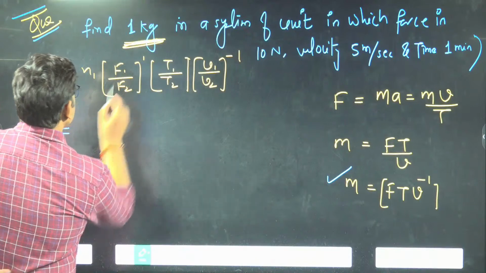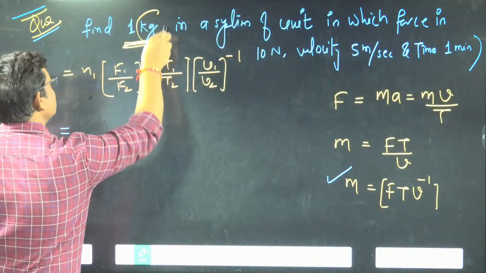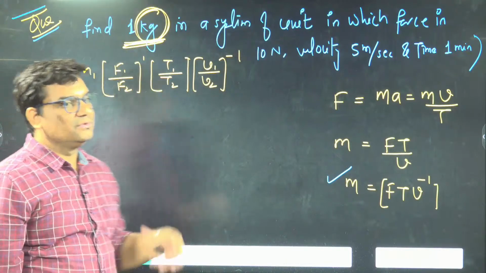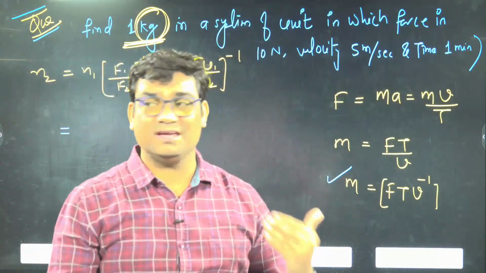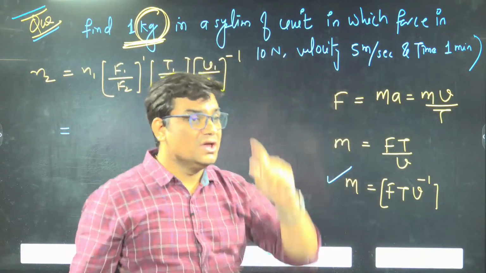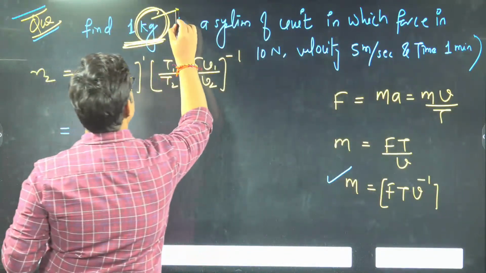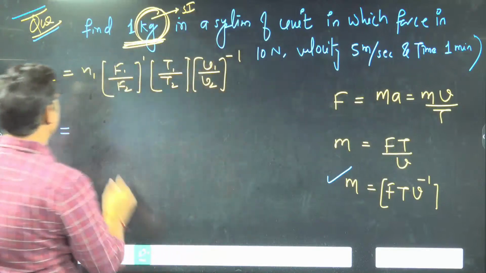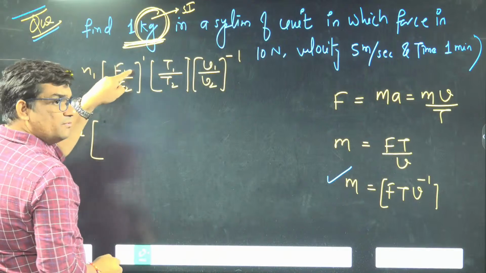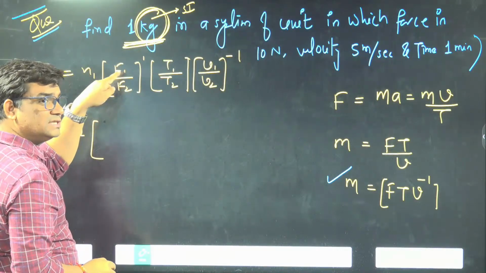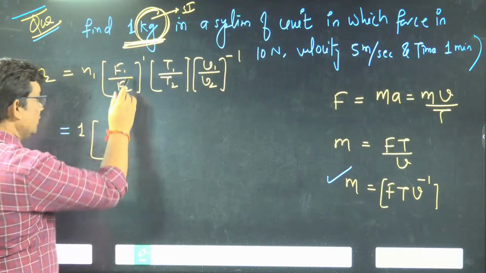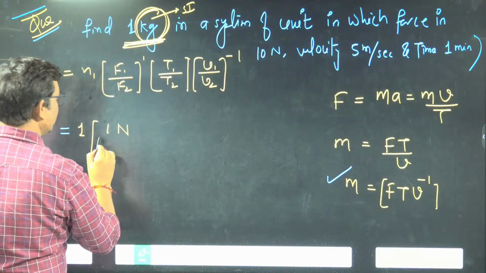Now, in the first system kg is given. What does kg indicate? It indicates that the first system is SI, and you know that here n1 is 1 kg. In the first system, what is the unit of force in the SI system? The unit of force in SI is 1 Newton.